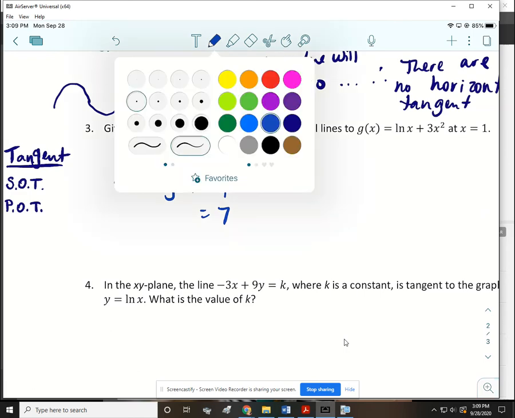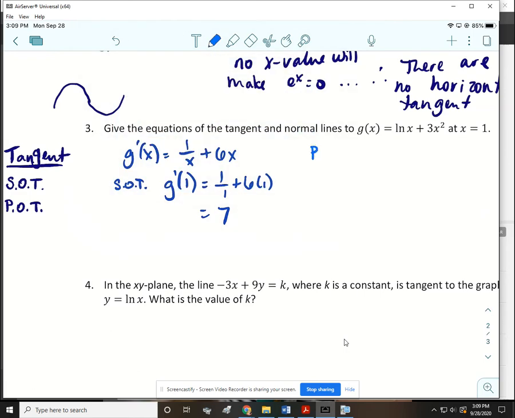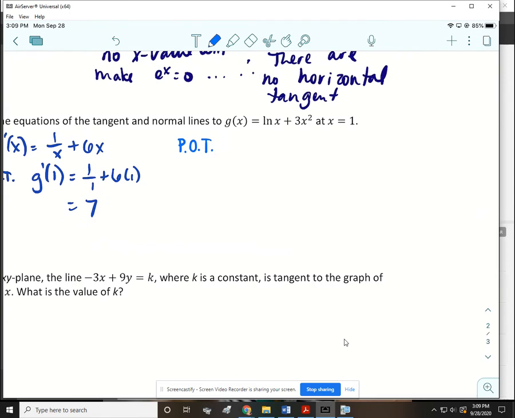Okay, then we need to find the point of tangency. And when we're finding the point of tangency, we go back to the original g of 1. Okay, I want you guys to know what the natural log of 1 is.